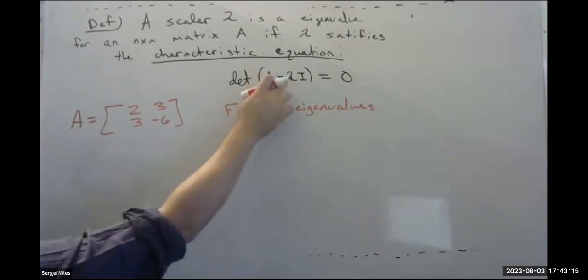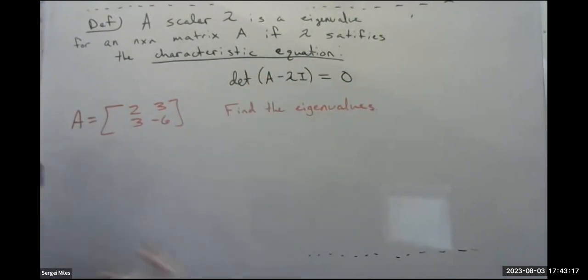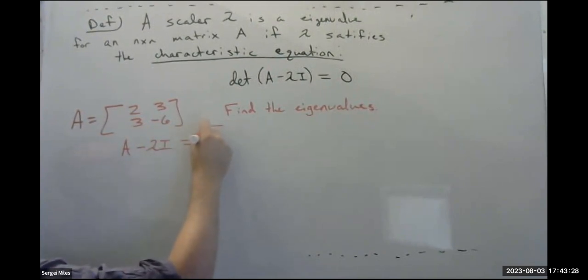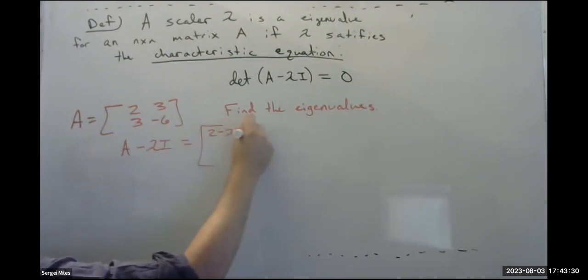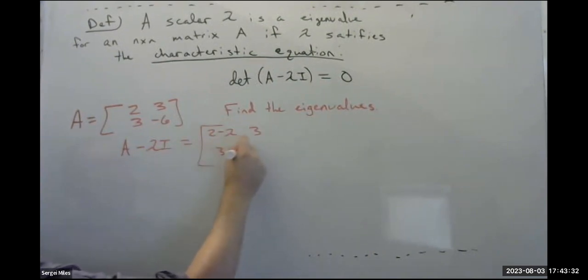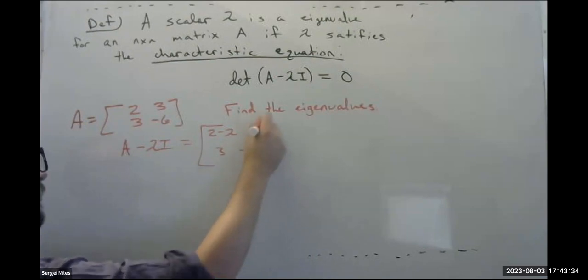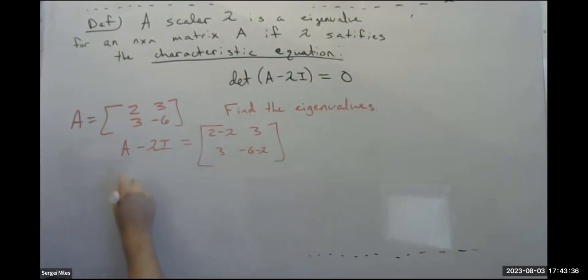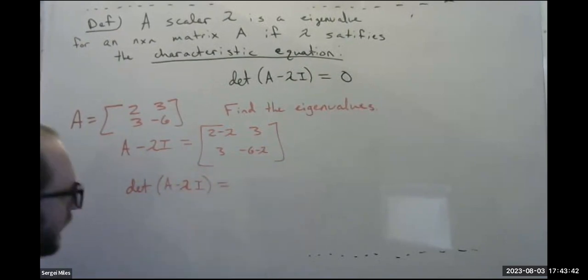I need to look at the characteristic equation and set it equal to 0. All right, so I need A minus lambda I. A minus lambda I is the matrix where I subtract lambda down the diagonal. Okay, so now when I take the determinant of this matrix, luckily it's a 2 by 2, so this isn't a difficult determinant to calculate.